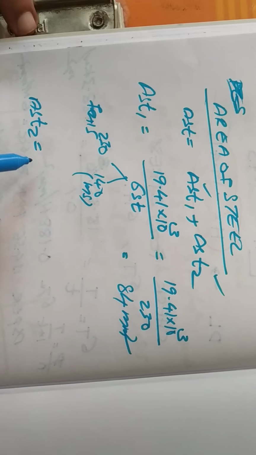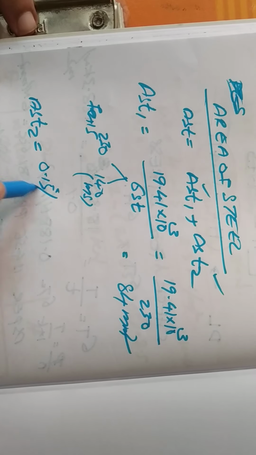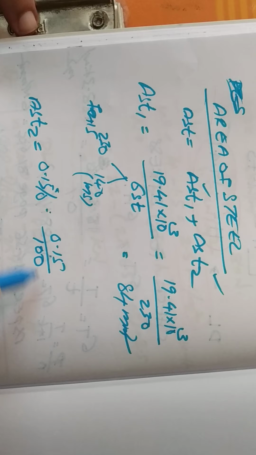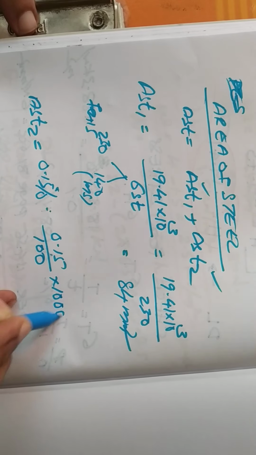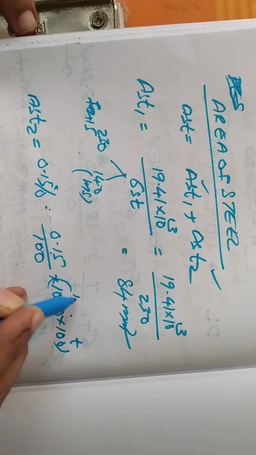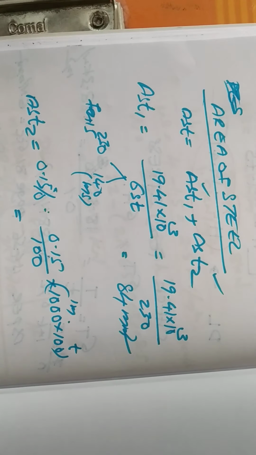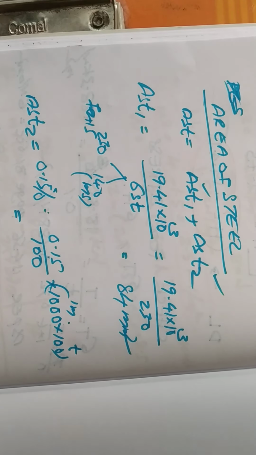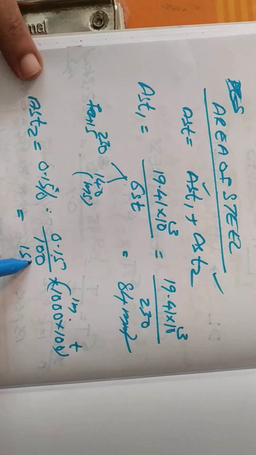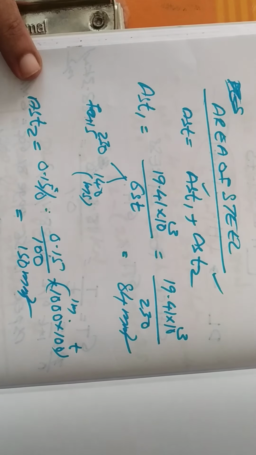Okay, and AST2 is 0.15 percentage, to take care of this one. So 0.15 divided by 100 into 1000 into 100. This is t. This is 1 meter width of this one. Okay, so it is coming 150 millimeter square.